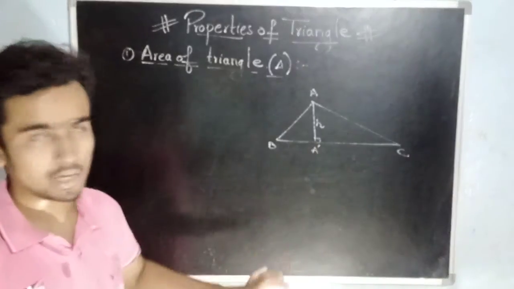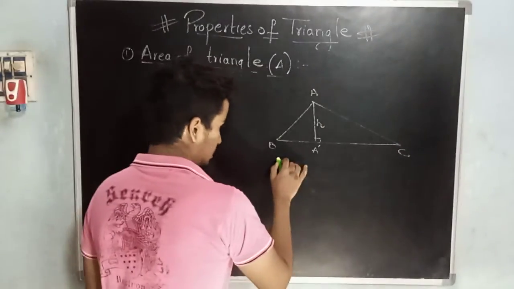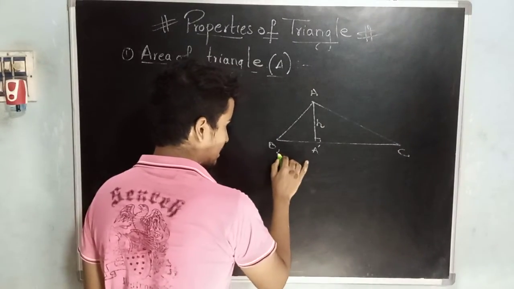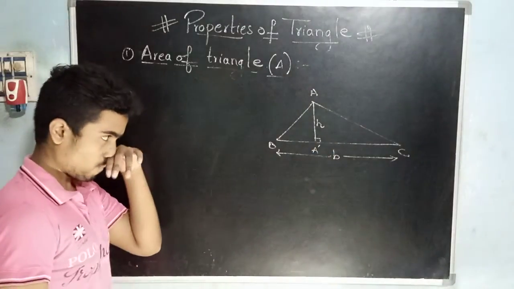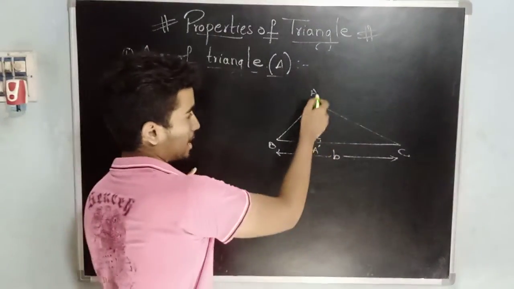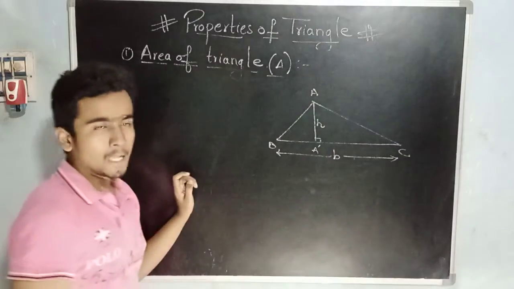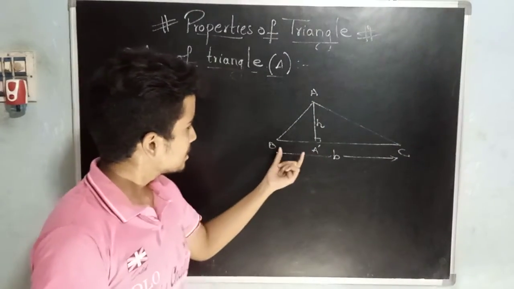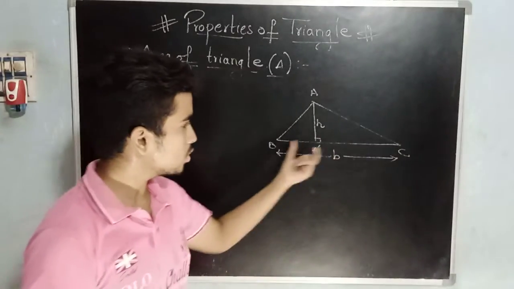It's the height of this triangle ABC. Let me consider its base length as B. As we have dropped a perpendicular A dash on BC, it is going to divide BC into two parts.